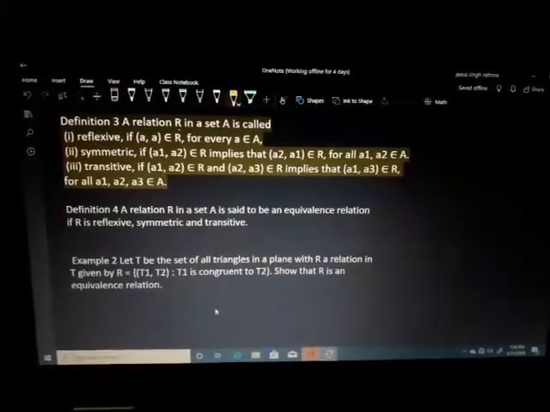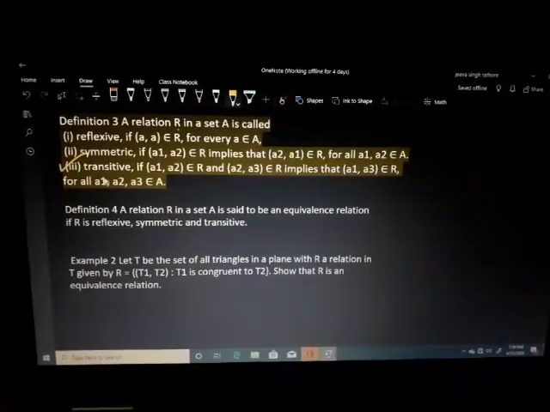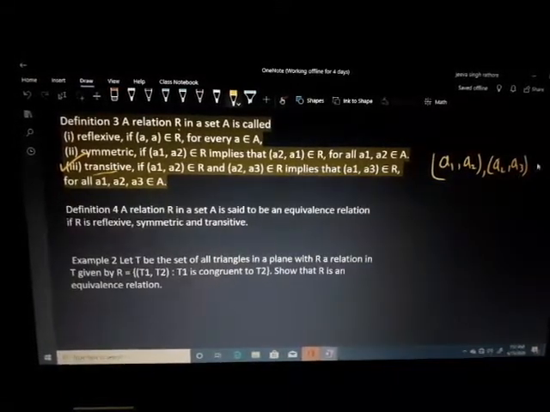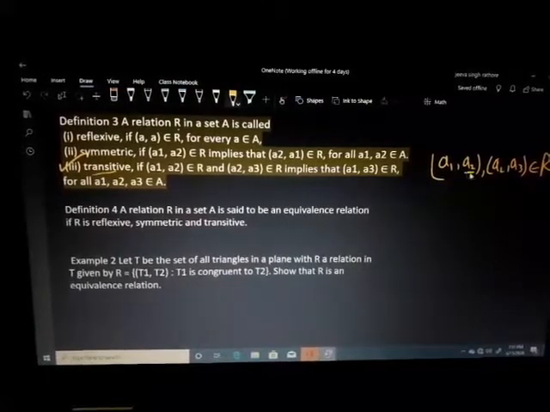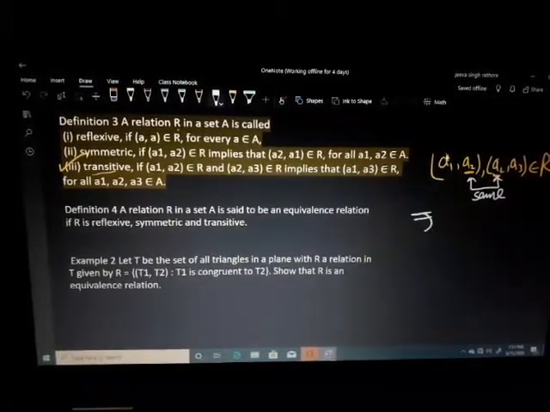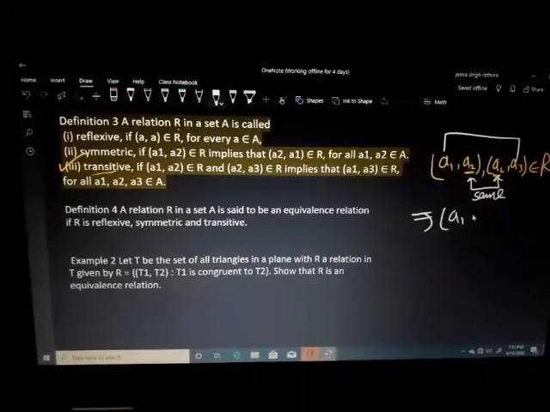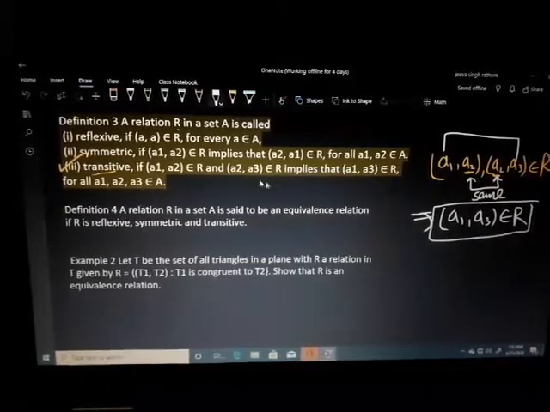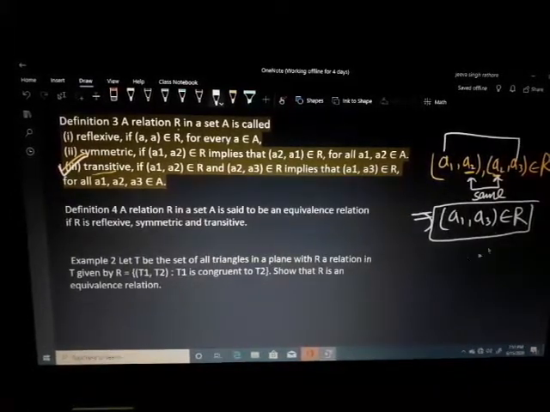Next one is the transitive relation. What is a transitive relation? For example, (a1, a2) and (a2, a3) belong to relation R. Here the middle element a2 is the same. Then, if the first and third, (a1, a3), also belongs to relation R, this is known as a transitive relation.